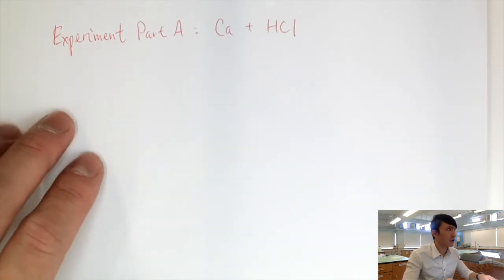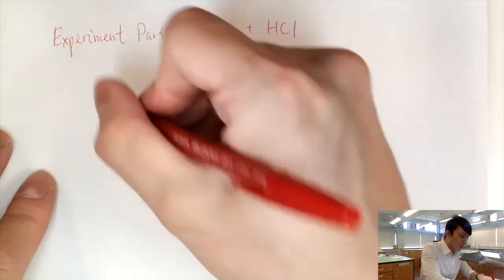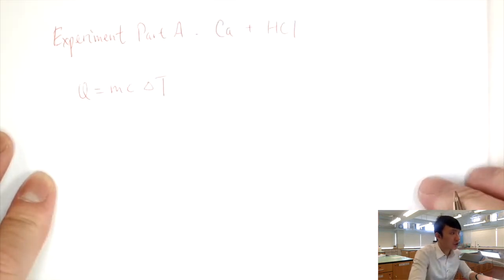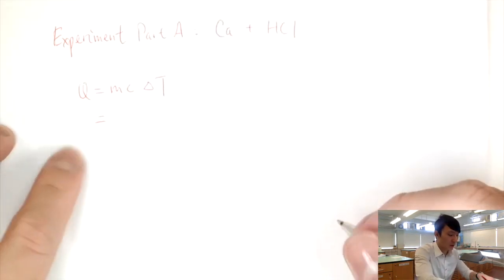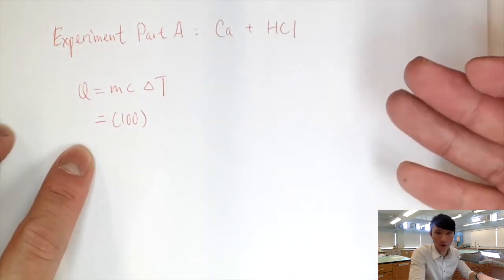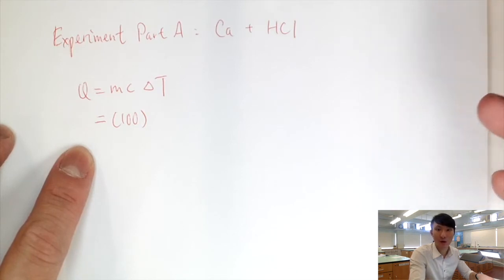So first of all, in part A, the reaction between calcium and hydrochloric acid. We use Q equals mc delta T. For mass, we are going to put down 100 gram because we add 100 cm cube of hydrochloric acid, as we assume that we are heating up 100 cm cube of pure water.